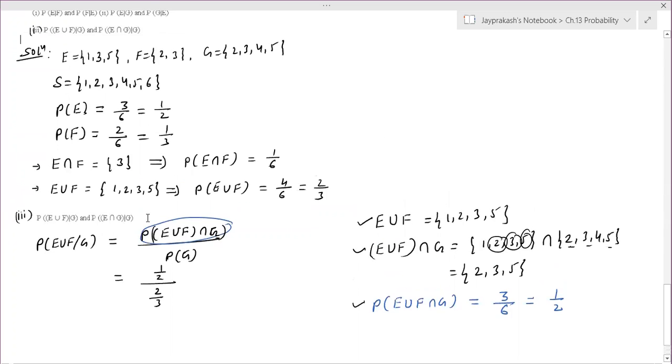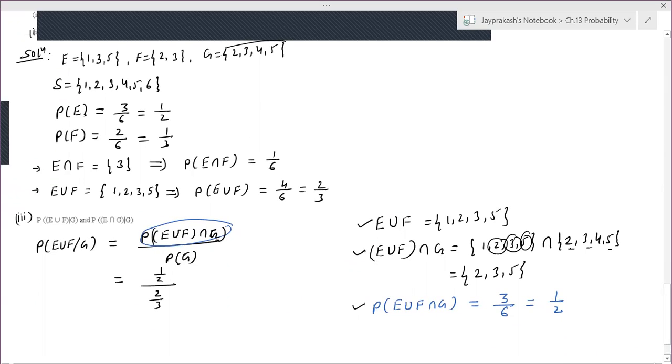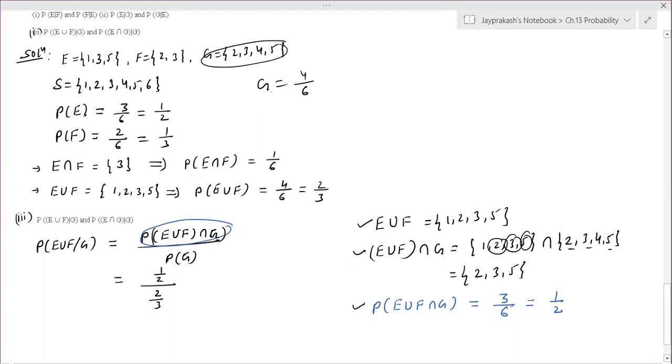Now the probability of G has 4 elements out of 6, so G will be 4 by 6, so P of G is 2 by 3. So we can directly write 1 by 2 into 3 by 2. So the final answer will be 3 by 4. Now we know that the probability is always less than 1, so that's why we are getting the denominator greater than the numerator.